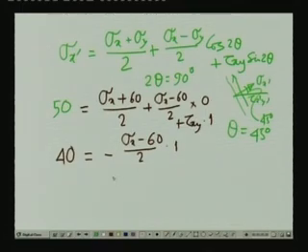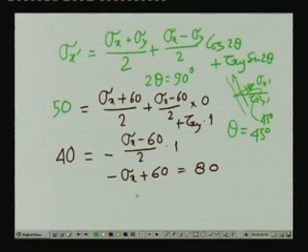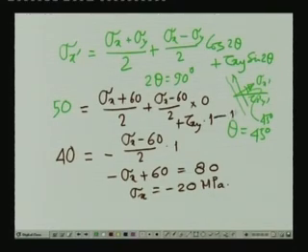So from this we get minus sigma x plus 60 is equal to 80, or sigma x is equal to minus 20 MPa. Now, substituting sigma x as minus 20 in equation 1, minus 20 plus 60 is 40, 40 by 2 is 20.